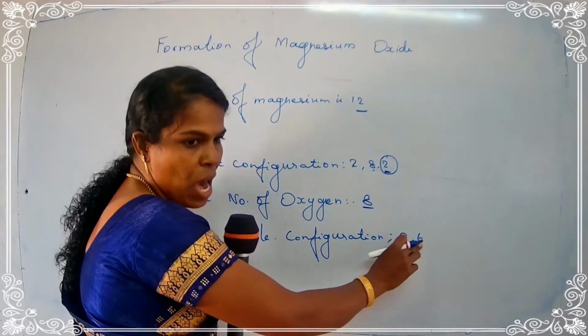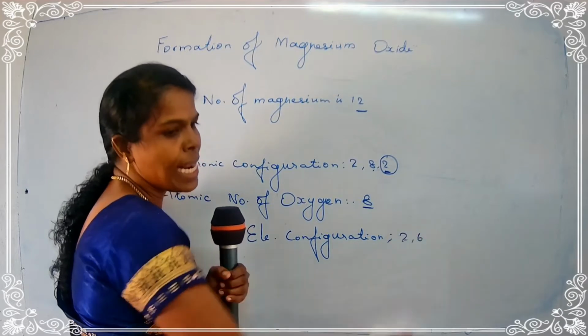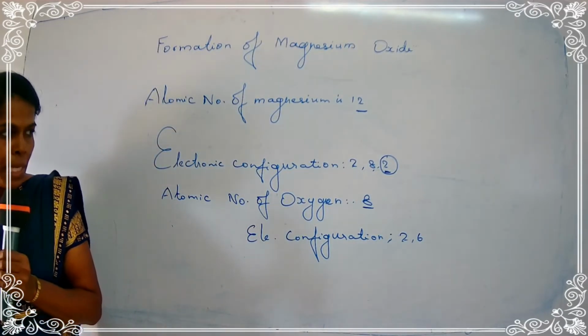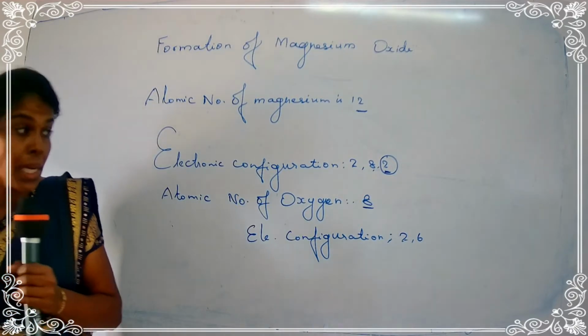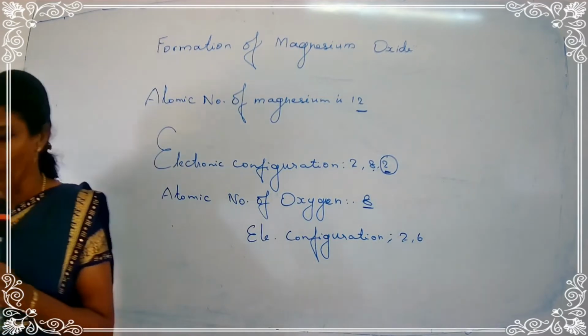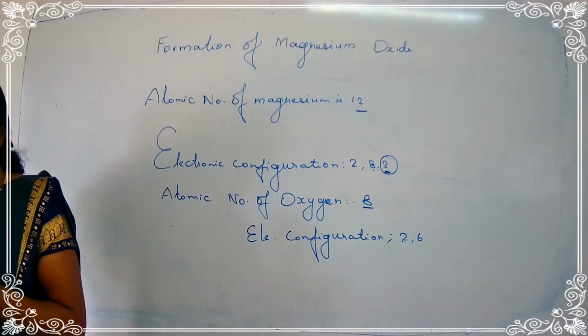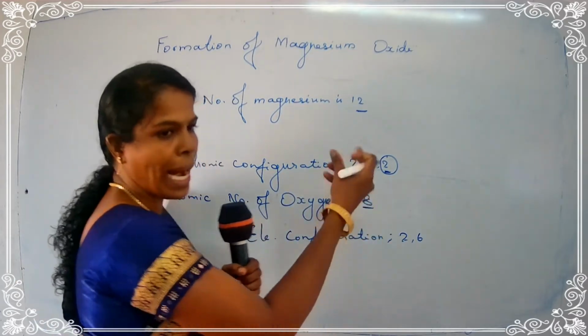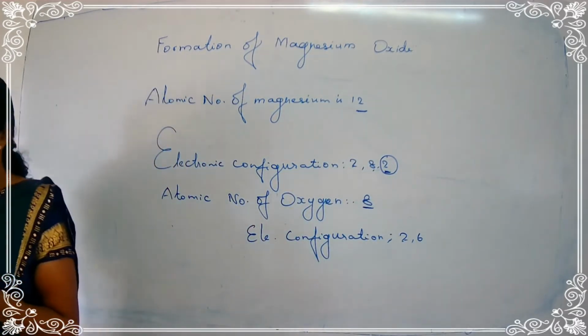If they have 6 electrons, they do not attain stability. So what should it do? It gains 2 electrons from magnesium, then it becomes stable.